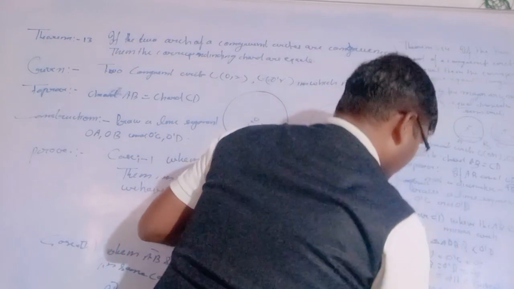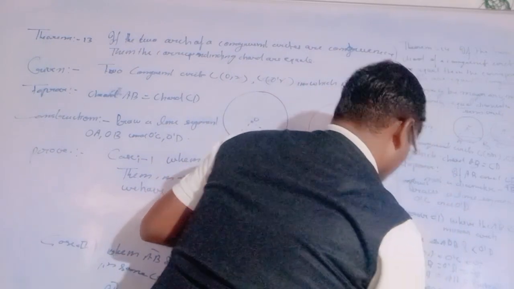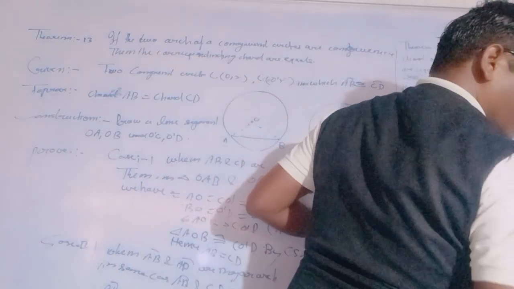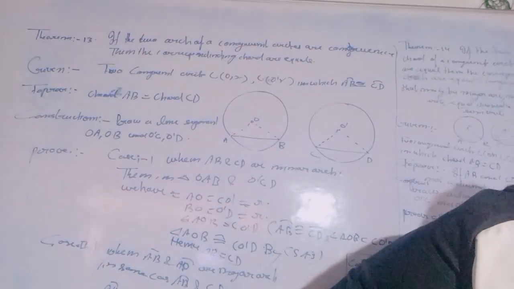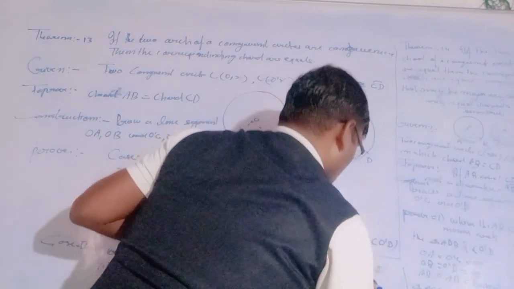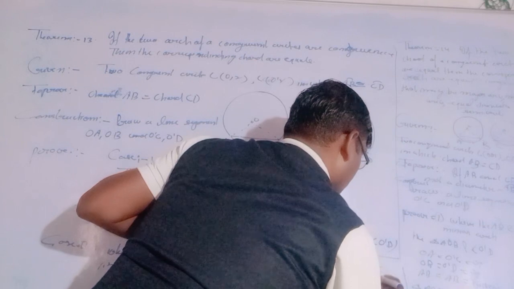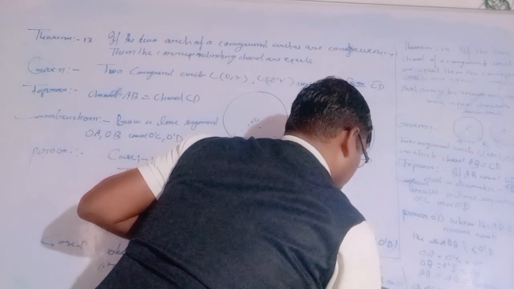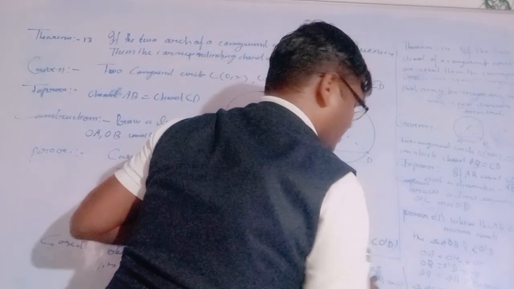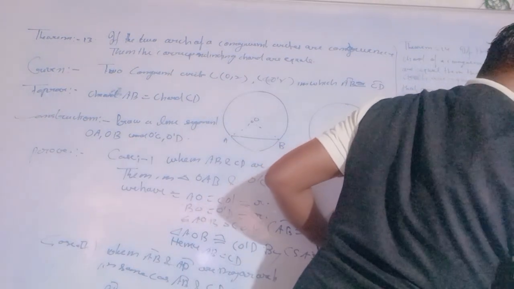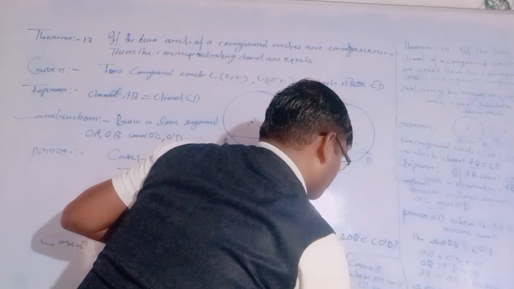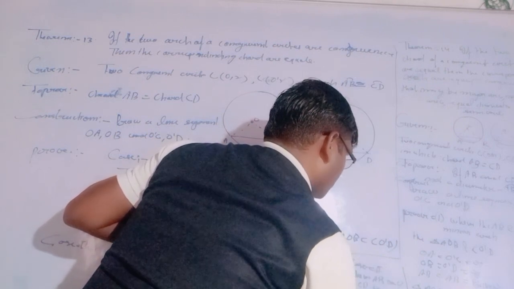Now suppose that we are taking the second case. What is the second case? When AB and CD are major arcs, then the arcs BA and DC are minor arcs.